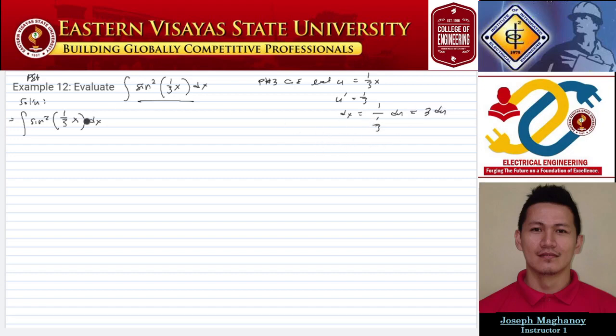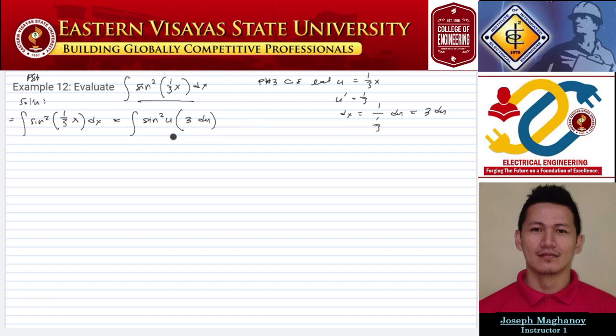Okay, so if we apply our correction factor to our function, it's the integral of sine squared, we replace our 1/3 x since it's our u, and our dx with our correction factor, that is 3 du.